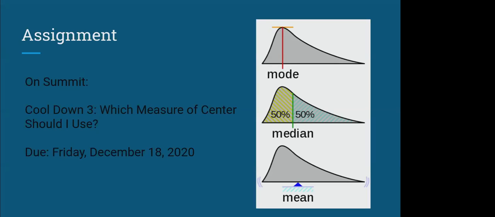Or do we use the mean? And the mean is the arithmetic average. You add them all up and divide by the number of terms. So 3 is asking you, which one of those should you use given each of the 3 distributions?